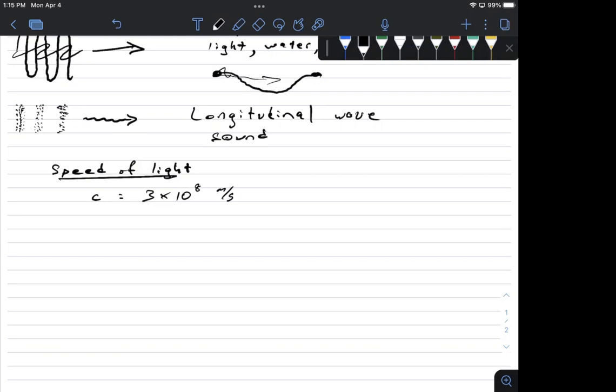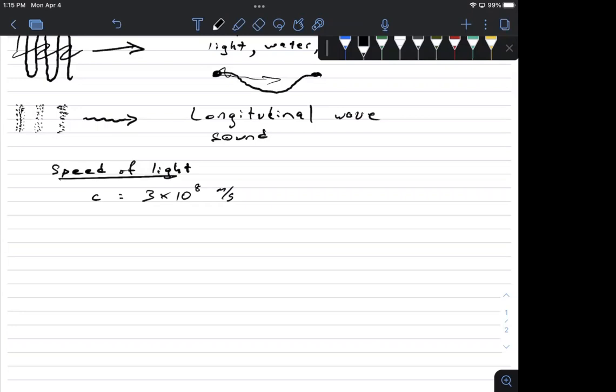So the speed of light changes if it's in a different material. If light goes through glass, it doesn't move at the same speed as in air, because glass is more dense. It's harder to get through, let's say. Water is again a different speed, but while it's in the water, it's always the speed of light in water.